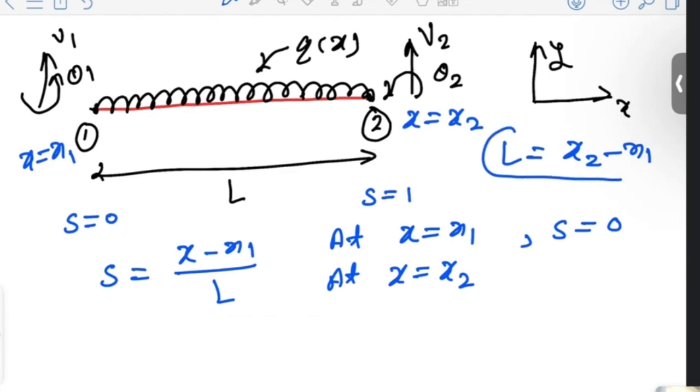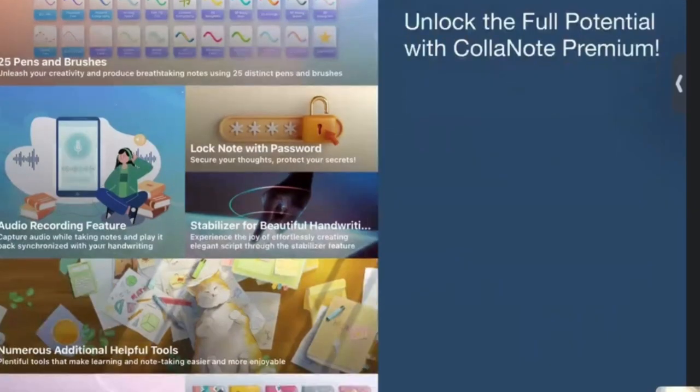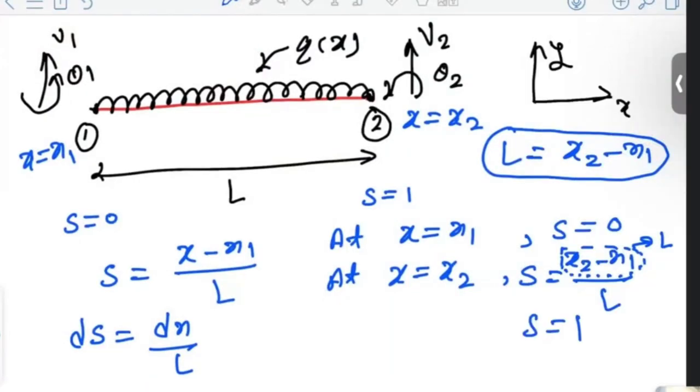I'm just going to convert from one system to the other. At x equal to x2, s will be (x2 minus x1) by L, and we already said this is L only, so s will be 1. Similarly, ds equals dx by L, so dx equals L into ds.